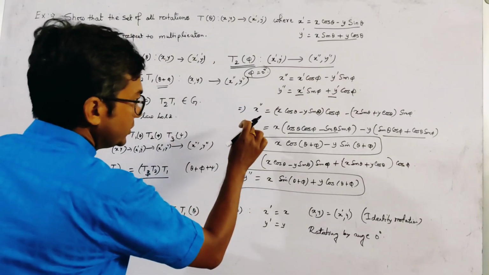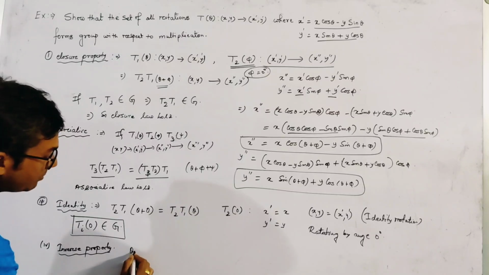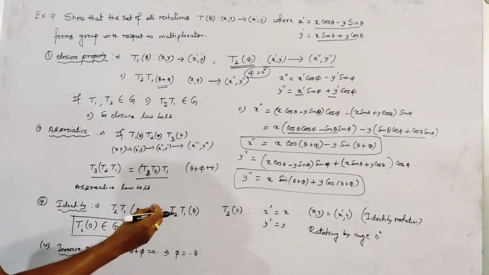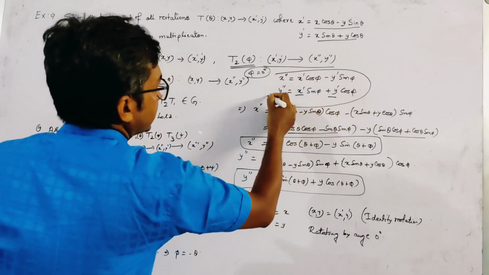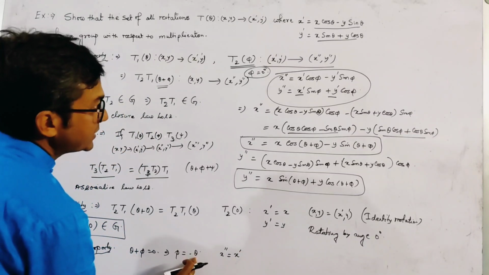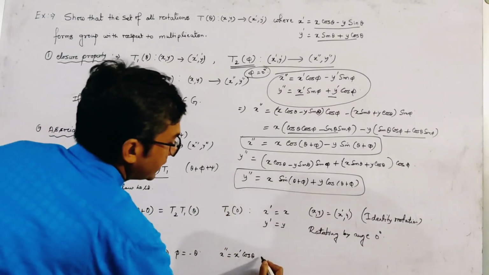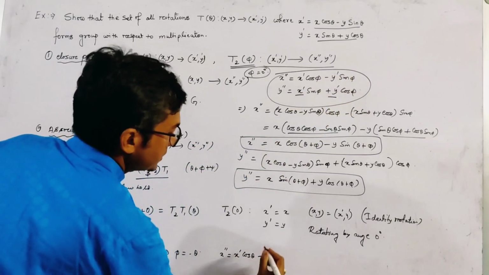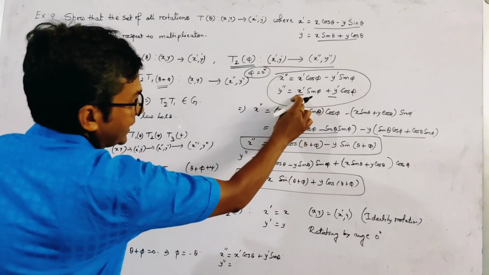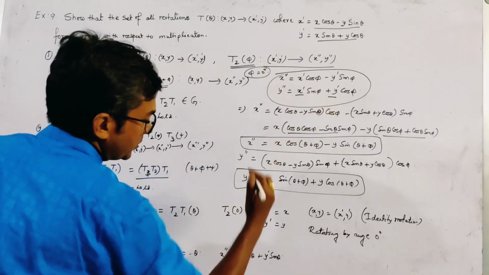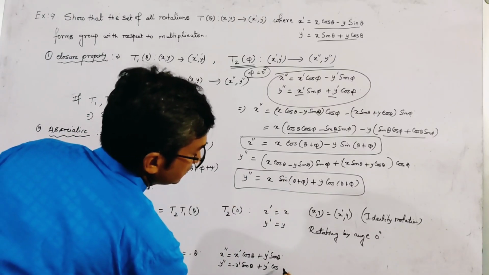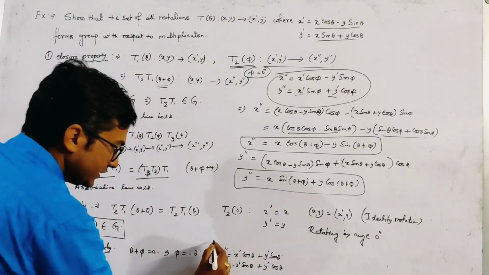Here it is clear from this product that if we put theta plus phi equal to 0, that is phi equal to minus theta, then from this relation we get x'' = x' cos(-theta) - y' sin(-theta), which is x' cos theta + y' sin theta, and for y'' we get x' sin(-theta) + y' cos(-theta), which is -x' sin theta + y' cos theta.